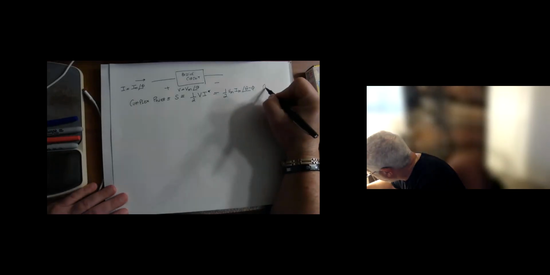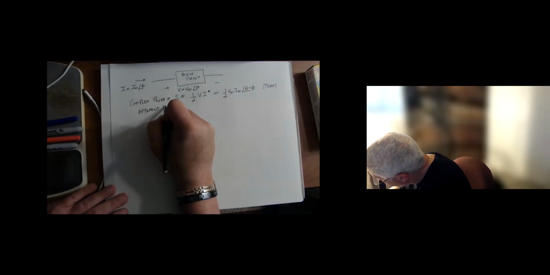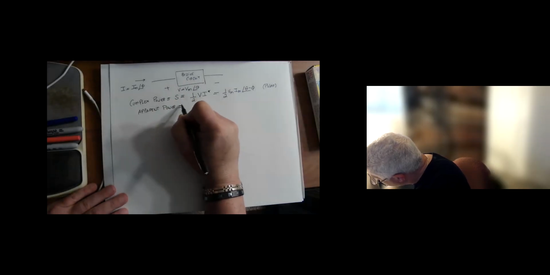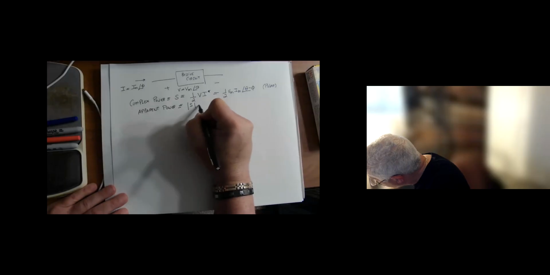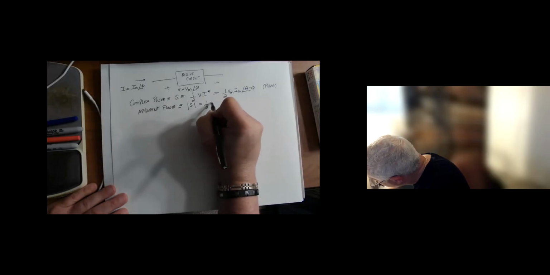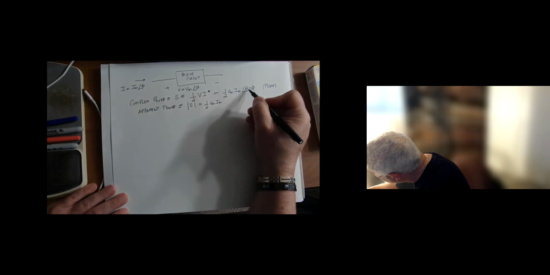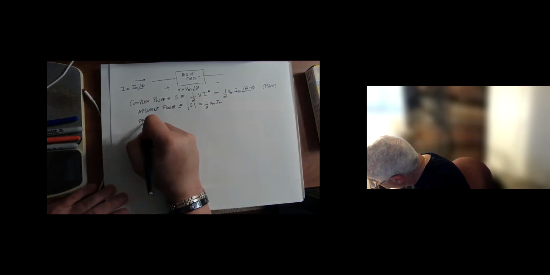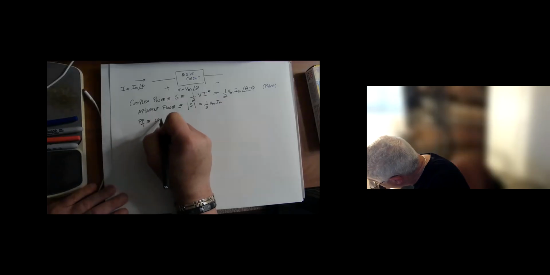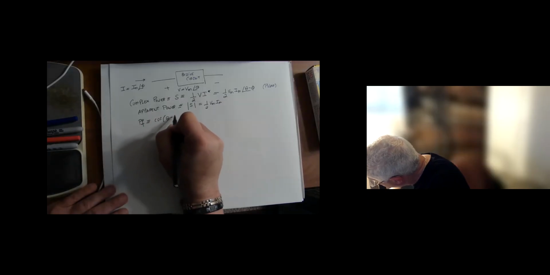In polar form, we pick up very easily the apparent power, which is the magnitude of the complex power, 1/2 Vm Im. We can easily pick up the power factor by taking the cosine of the phase angle, so the power factor is cosine of theta minus phi.